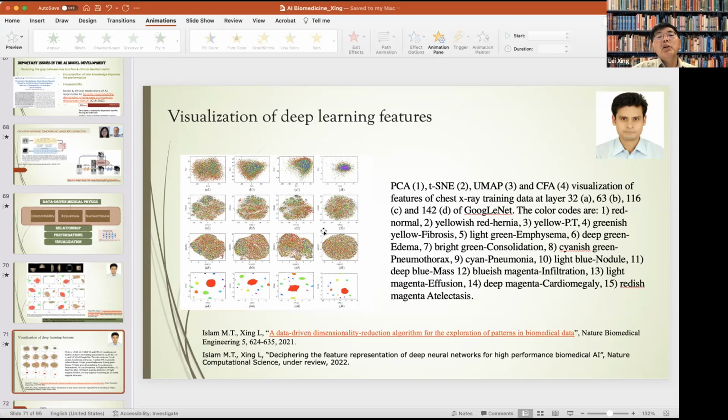We are working on a project using the gene expression data to see what we can do in terms of diagnosis. But the problem with genomics measurement is it's fairly expensive.